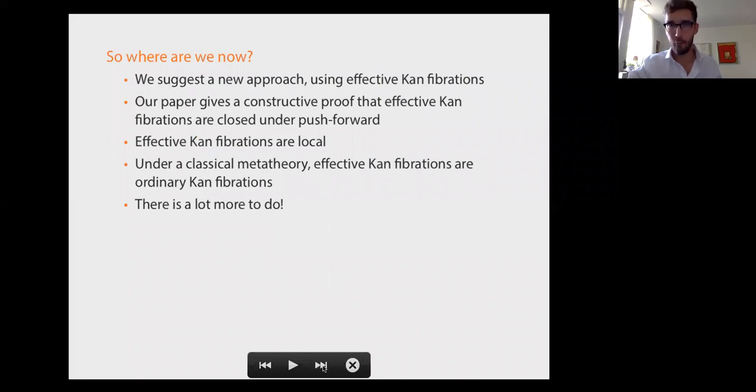So where have we got? Benno and I suggest a new approach that uses effective Kan fibrations. Our current state of affairs can be summarized as: we have a constructive proof that effective Kan fibrations are closed under pushforward.